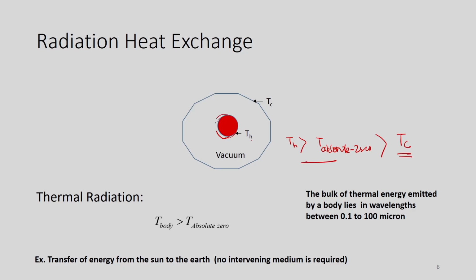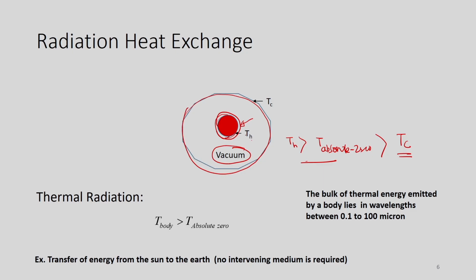So, this hot object is placed in a medium, that is in vacuum, and we will show how this hot object is cooled when a cold surface is surrounded by these hot objects.